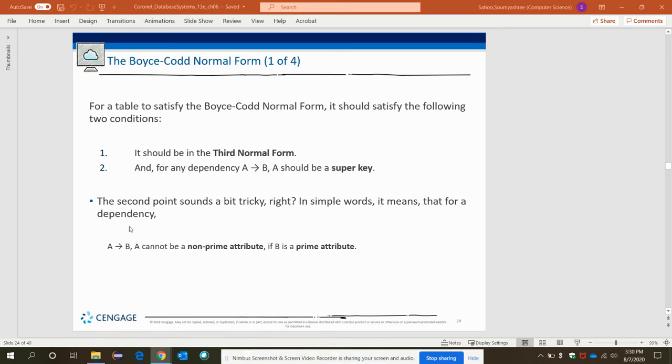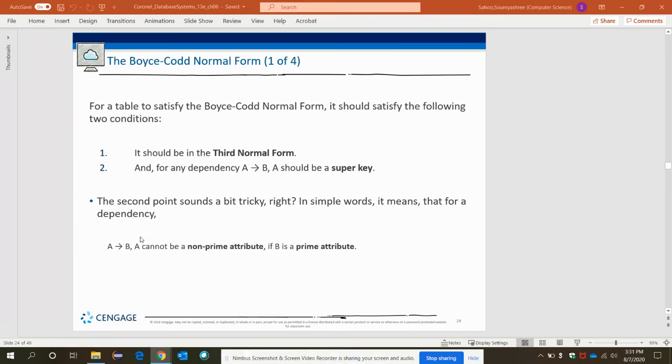Here the second point sounds a bit tricky, right? How to decide a super key? How can I say that this attribute is a super key, and another one is not? In simple words, this is the rule for it. Here come the non-prime and prime attributes.